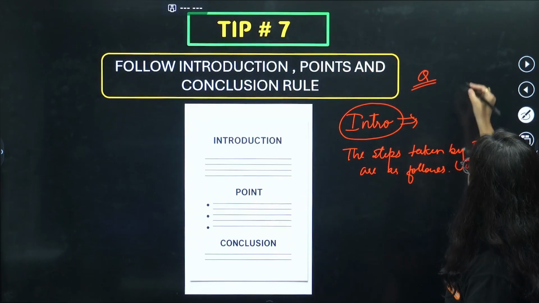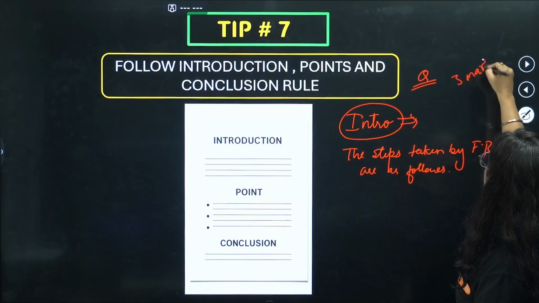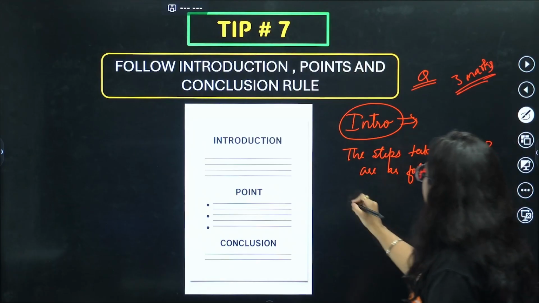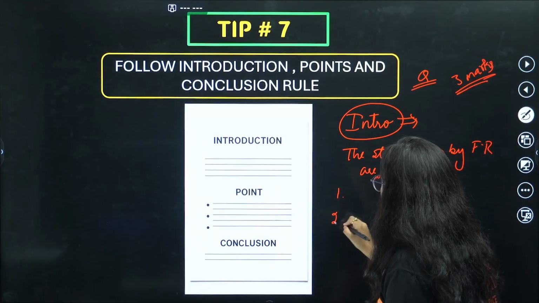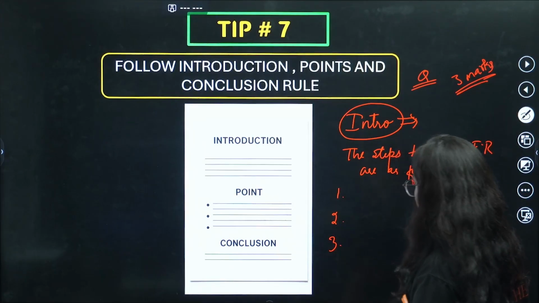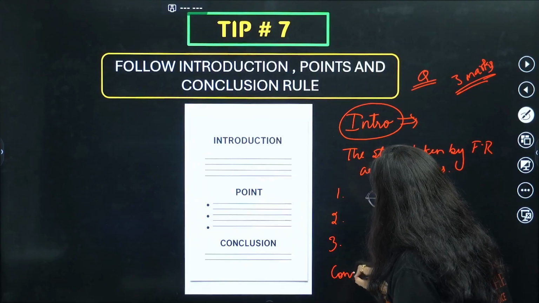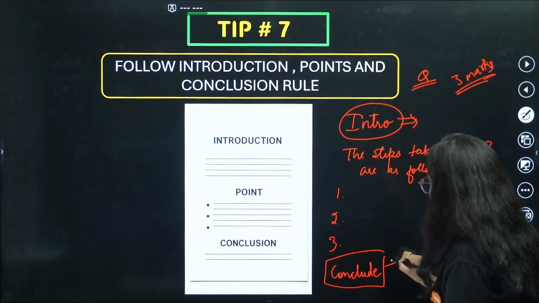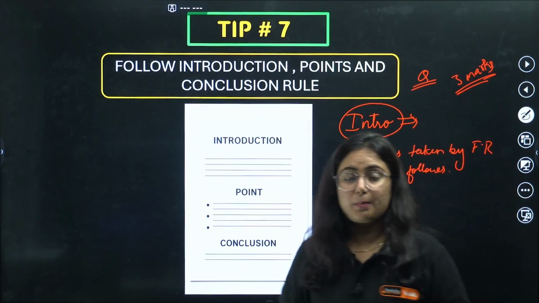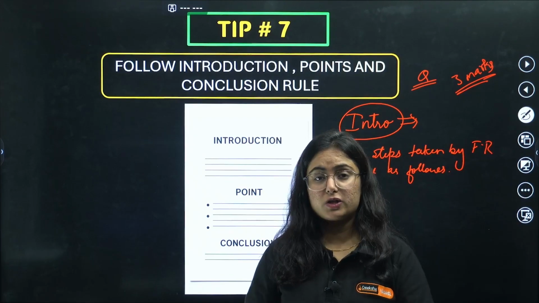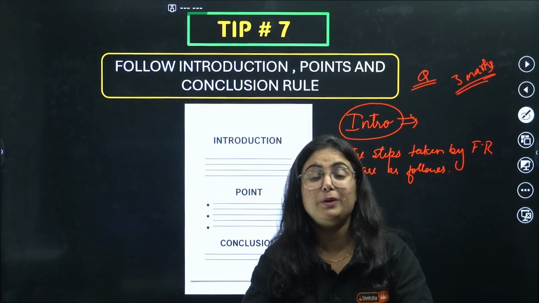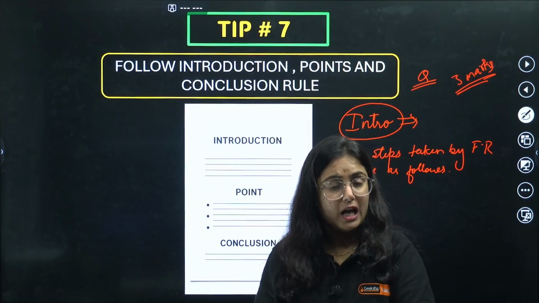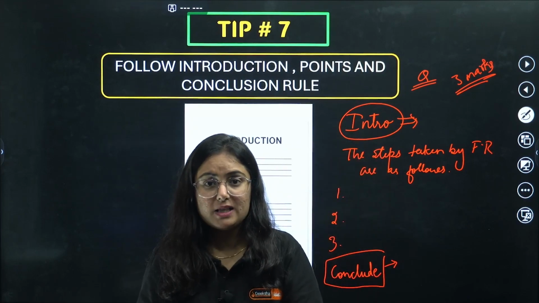Now, if it is for 3 marks, write point number 1, point number 2, point number 3, and do not forget to conclude your answer that by the above points we have seen that people participated in the French Revolution that resulted in the replacement of monarchy in France, right? We can conclude the answer with your points.